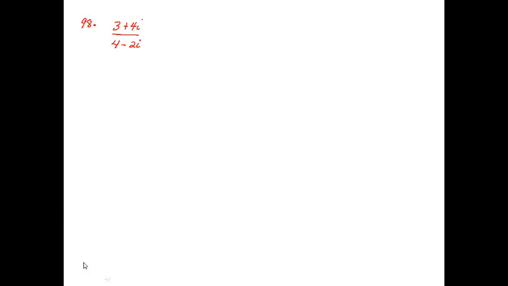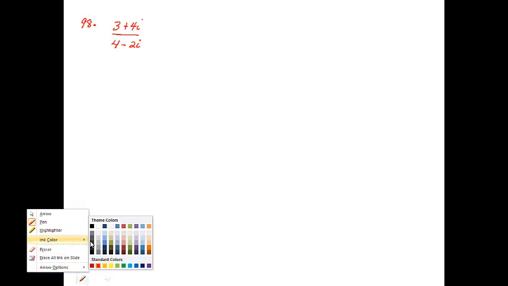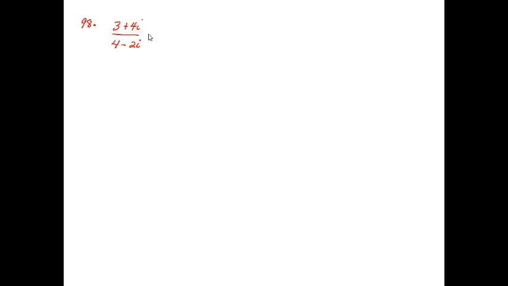You do not want an imaginary part in your denominator. So how do you get rid of it? You multiply the top and the bottom by the conjugate. So I'm going to multiply the top and the bottom by 4 plus 2i and 4 plus 2i. Now, for a plus bi, the conjugate is a minus bi.